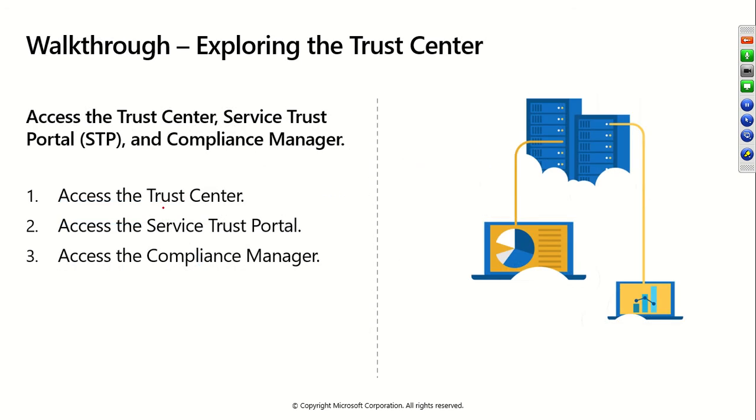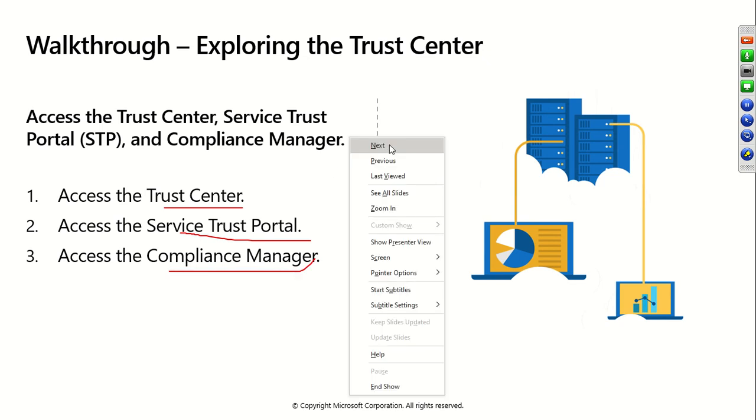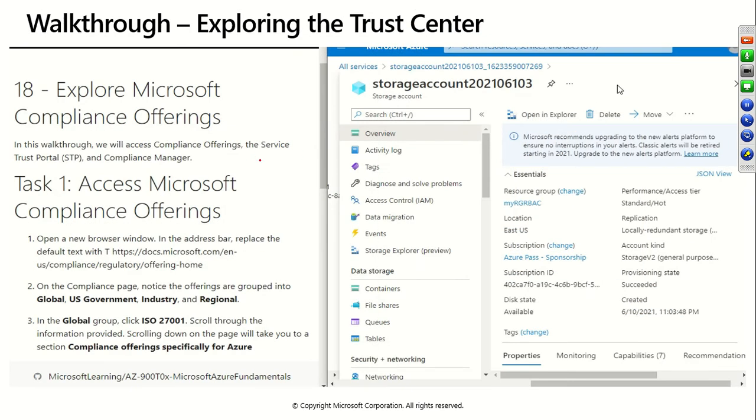So you can access your Trust Center, Service Trust Portal, and compliance. All these three have a website where you can access them. This is the website that Microsoft provides you. From here, you get information about Microsoft compliance offering.